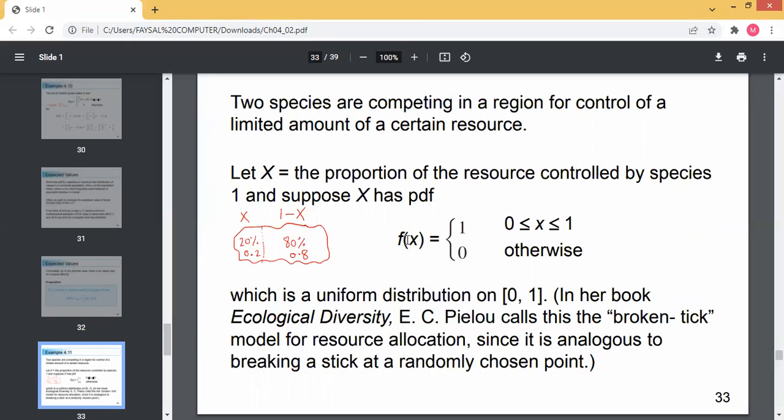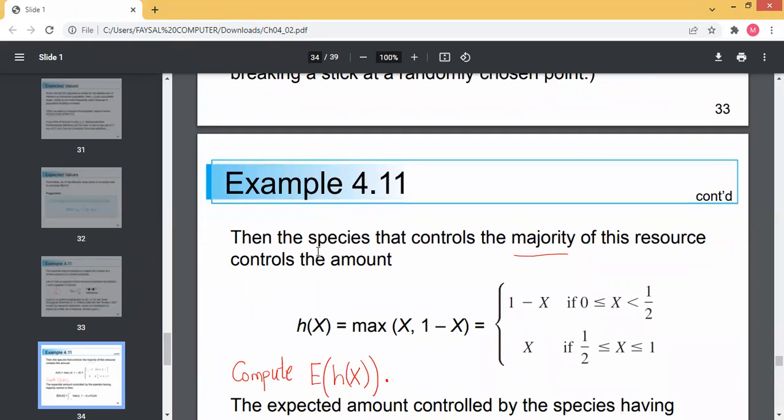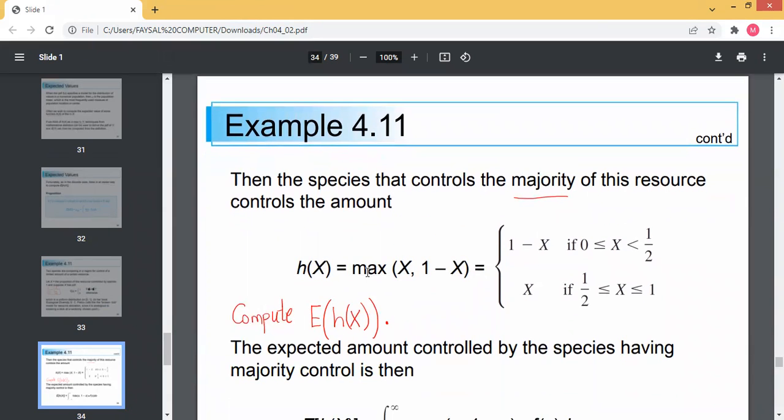How to find the value? The species with the majority of the resources is h of x, that is max of x and 1 minus x.